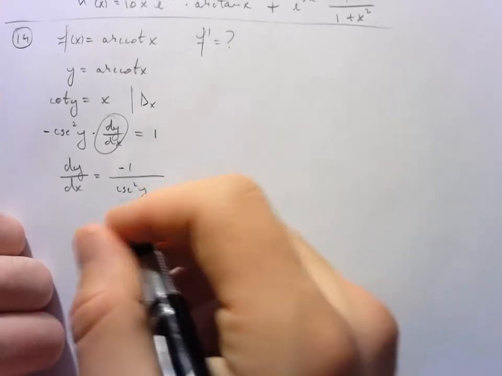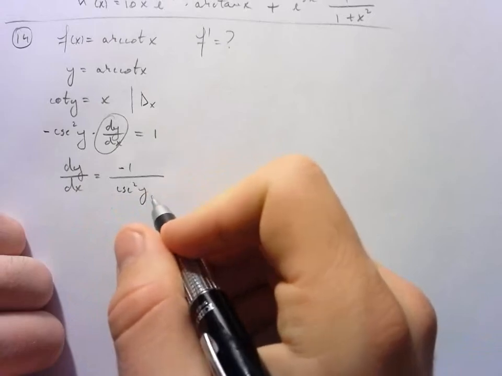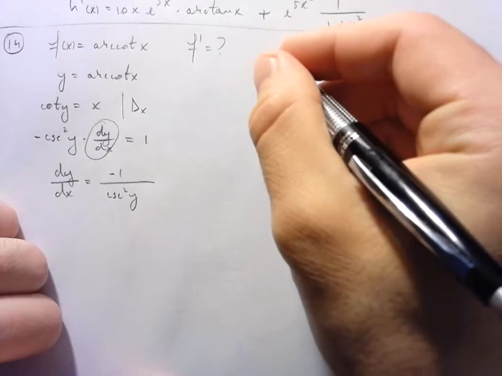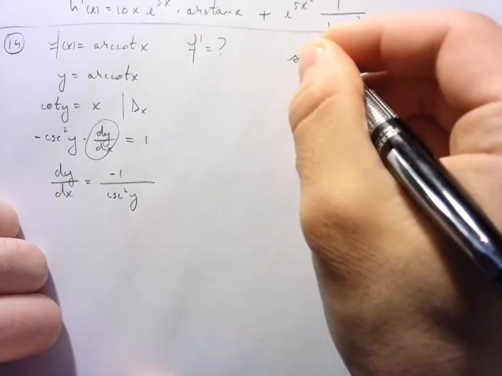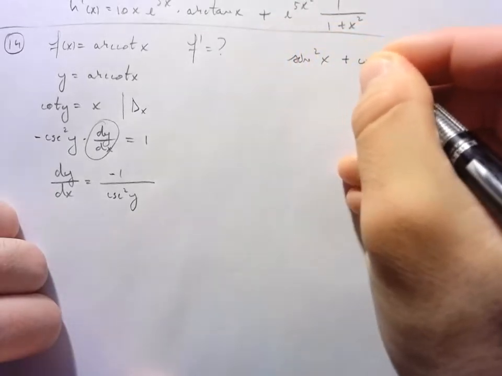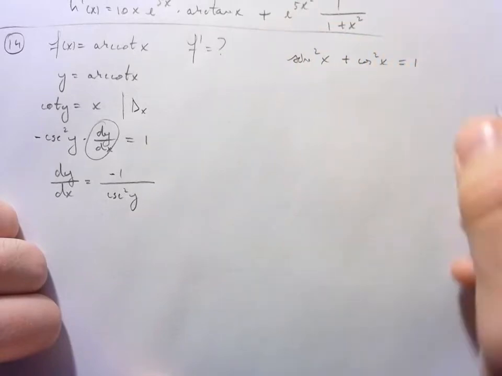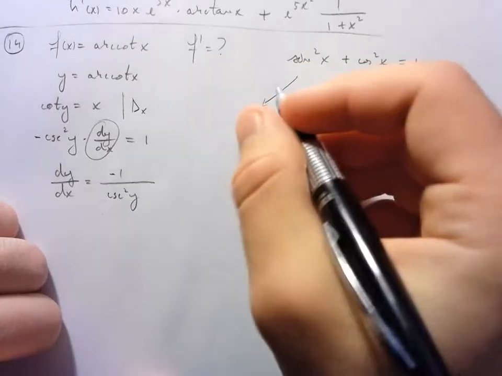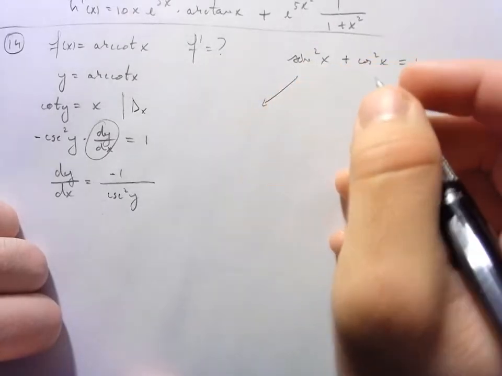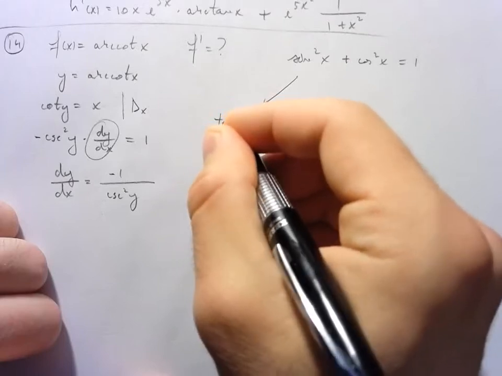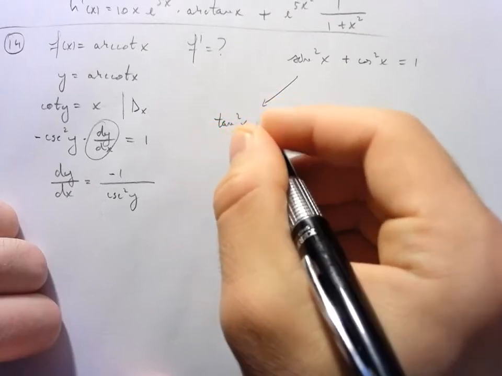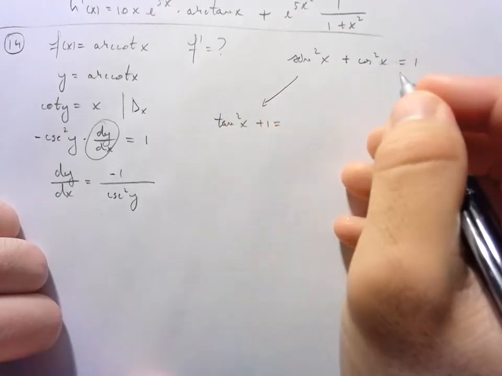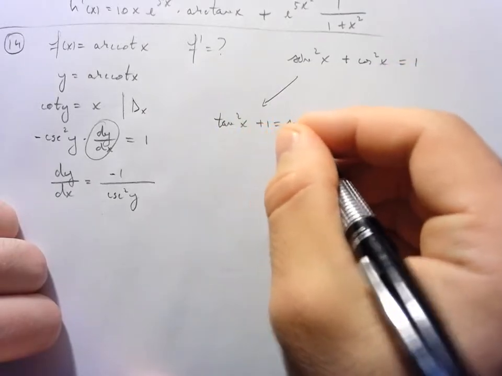But now I would like to go back to variable x. For that we're going to need a trig identity. If we know that sine squared of x plus cosine squared of x equals 1, I can go in two directions here. I can either divide by cosine squared, so I end up with tangent squared of x plus 1 equals 1 over cosine squared, so secant squared.